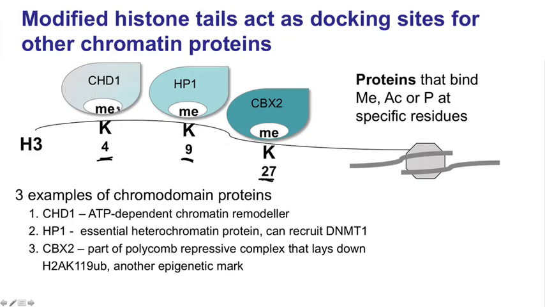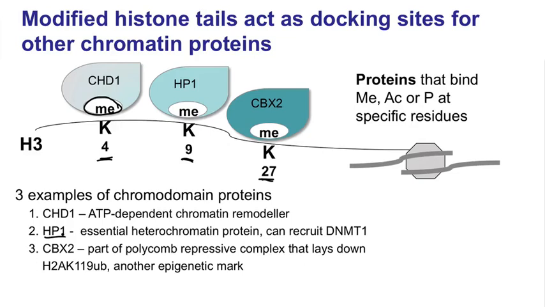For CHD1, which binds this active epigenetic mark, CHD1 is actually an ATP-dependent chromatin remodeler, which we'll talk about in the next few lectures. But this means that CHD1 actually moves the nucleosomes around, so it can open the nucleosomes up and make the nucleosomes more broadly spaced, or condense them down.